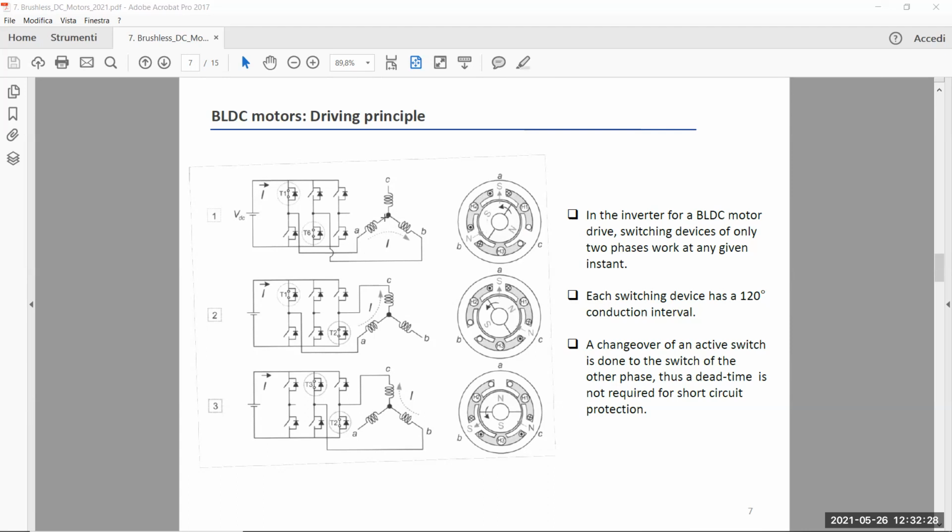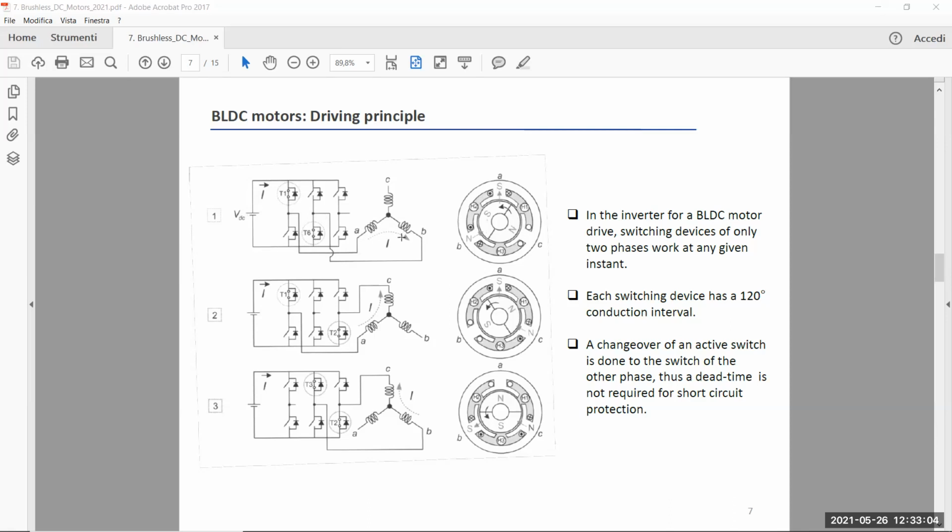So we have the current flowing here and then exiting through the leg to the phase B. So we have the situation that I called A plus, B minus, because the current enters A and exits B. In this situation, we have to close, for example, transistor T1, the high side transistor of the leg A, and then we have to close the low side transistor of the leg B. So we have a current that flows exactly in this way, returning to the VD source.